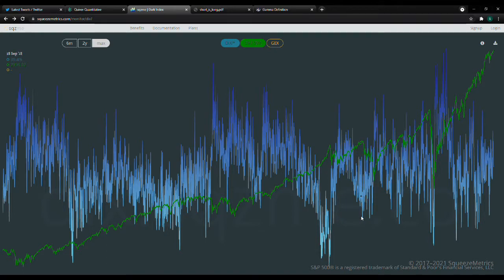Right? So we've been getting a lot of these sell signals, but here's the thing though: when we get these sell signals, we get little brief dips. We don't get the major correction, right? We're getting brief dips. So this is a very, very unique time.